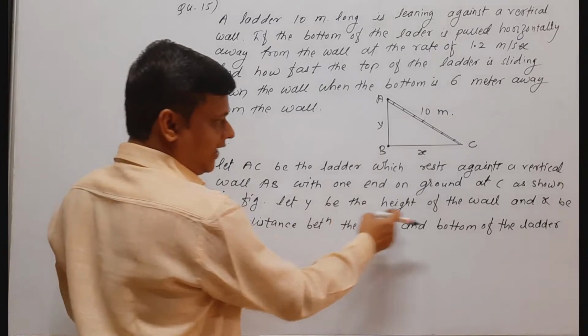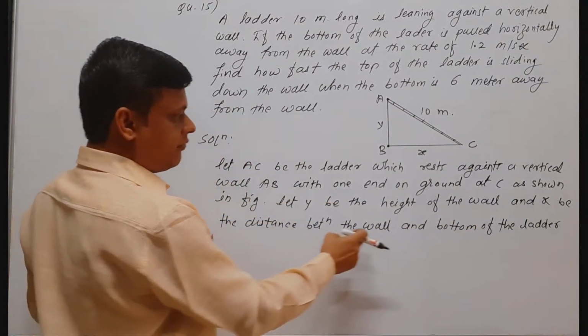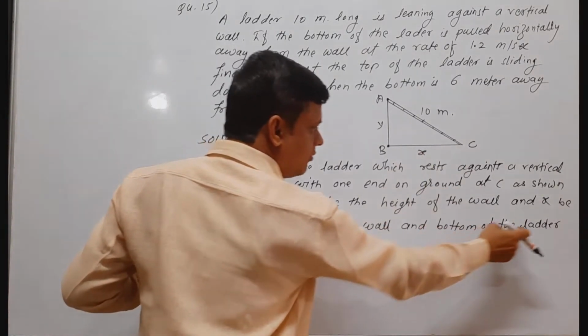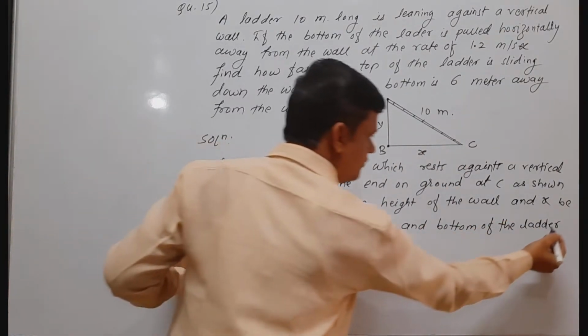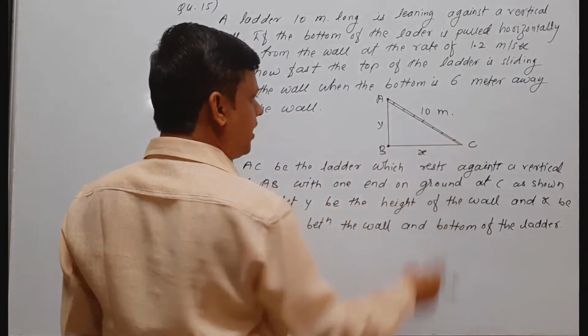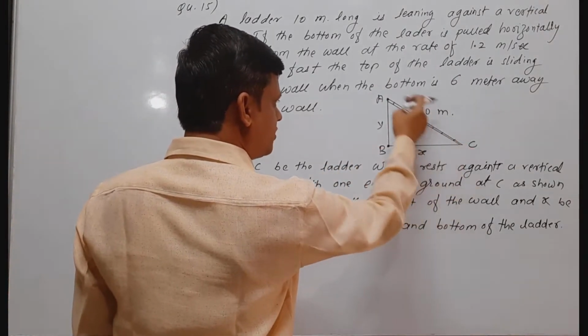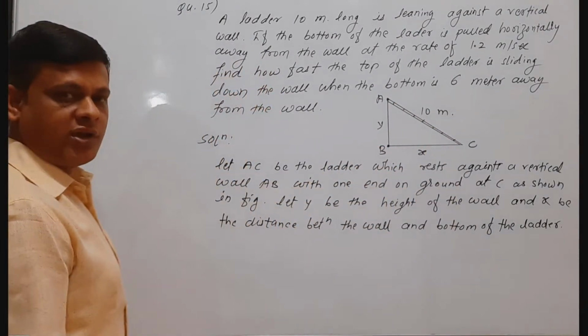Let y be the height of the wall and x be the distance between the wall and the bottom of the ladder. So see here, this wall is perpendicular to this ground, that is AB perpendicular to BC. So this AC is the hypotenuse here.